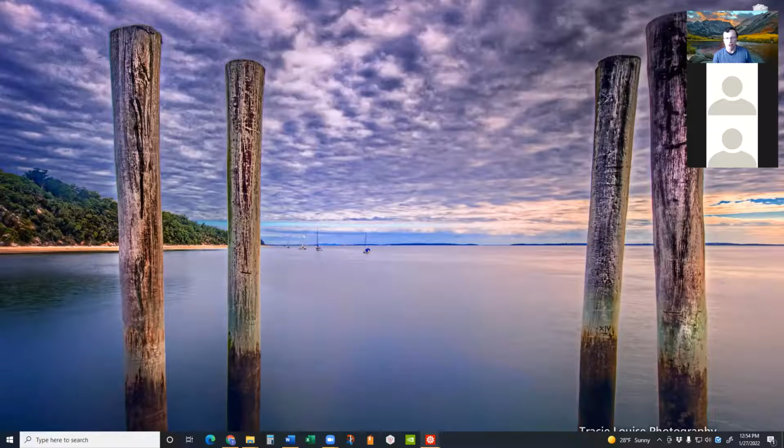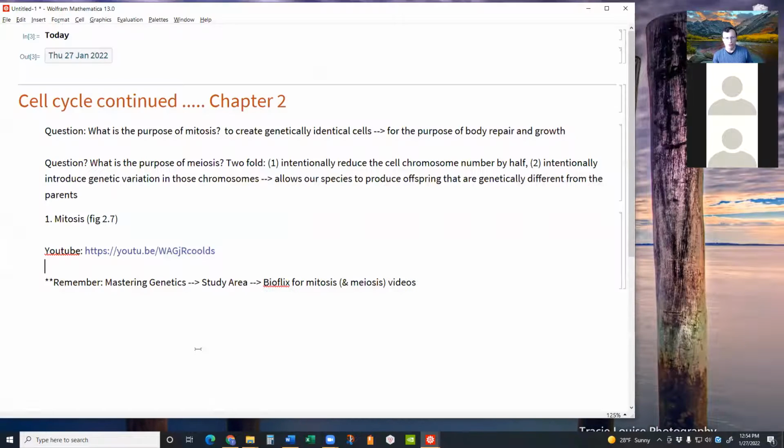So let's go through the stages of mitosis and document some of the major features of this process. You might want to have figure 2.7 up in your textbook at this time. It can be a useful visual guide as we go through this. Okay, so let's continue here.